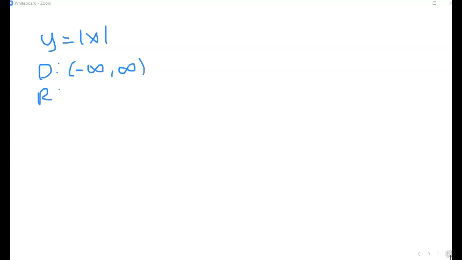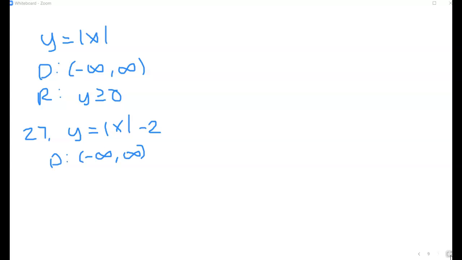The range in standard form is greater than or equal to 0. So in something like 27, where you have y equals the absolute value of x minus 2, your domain stays all reals, but the negative 2 shifts your graph down 2. So that graph getting shifted down 2 changes your range to be greater than or equal to -2.